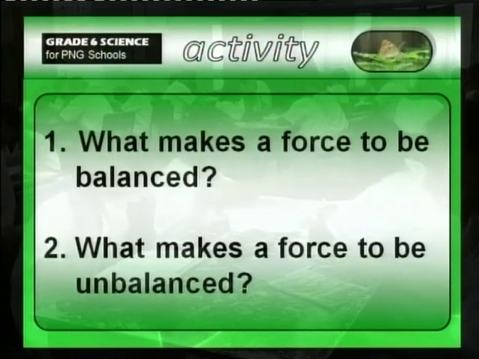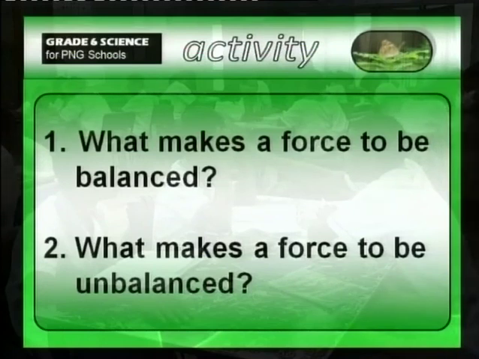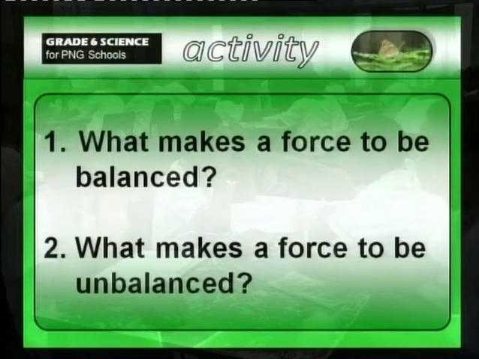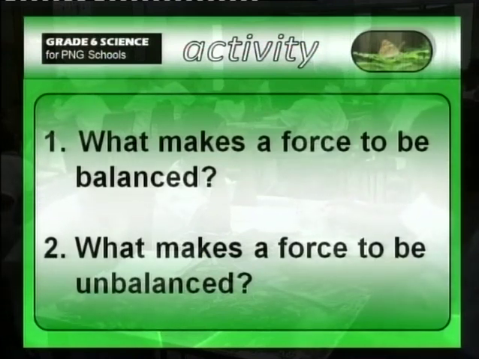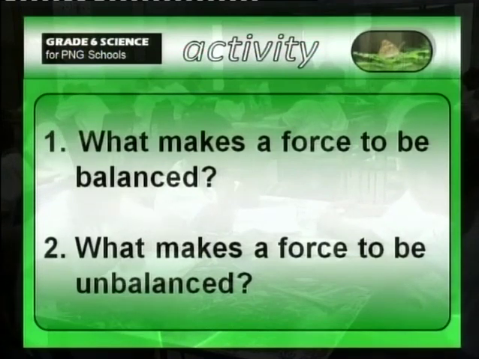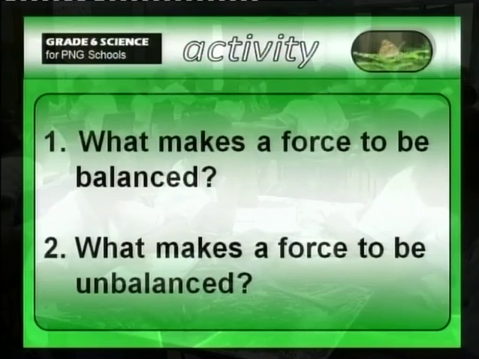Now, if the force of gravity did not act on all the sides, then we wouldn't be standing or running. Because if there was no gravity force, then it will be unbalanced.